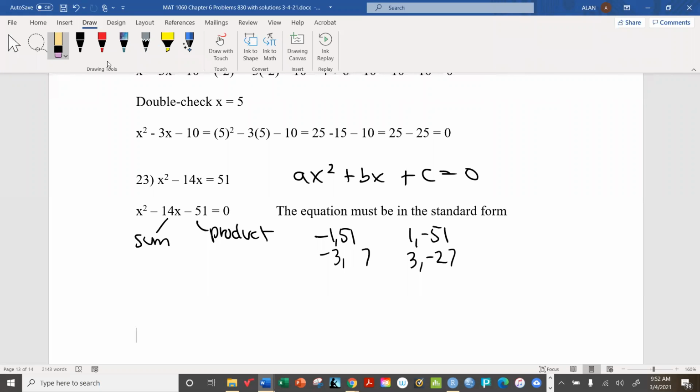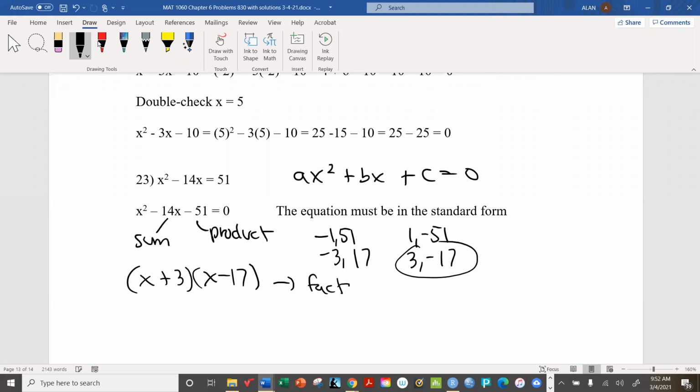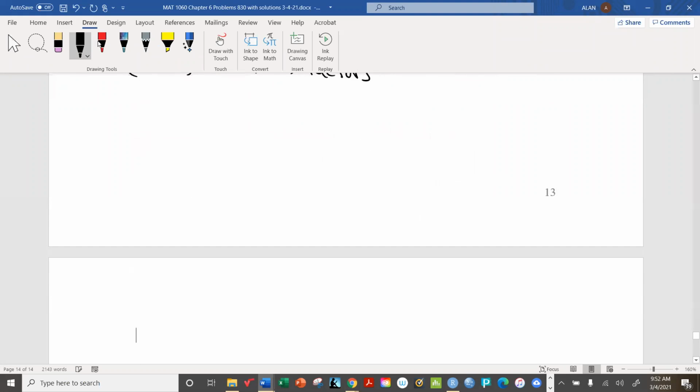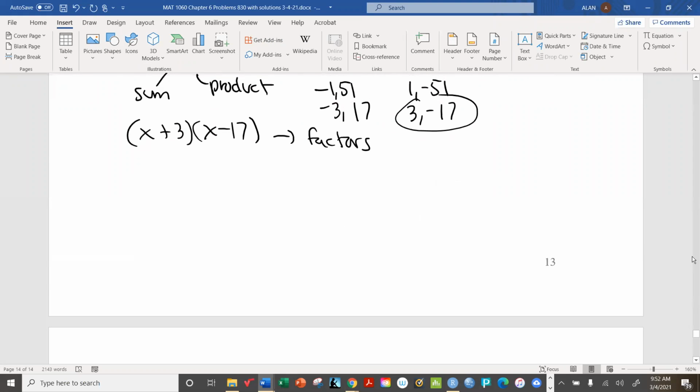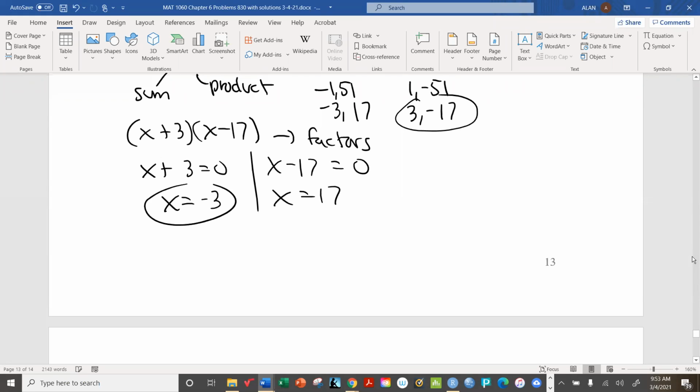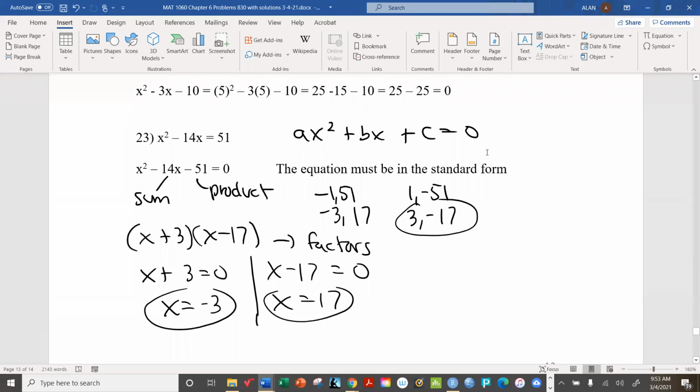It's not 27, it's 17. And so we need negative 14, which we have here. These are the factors that we need. And then we'll set them equal to 0. All right, and so we may as well double check it.